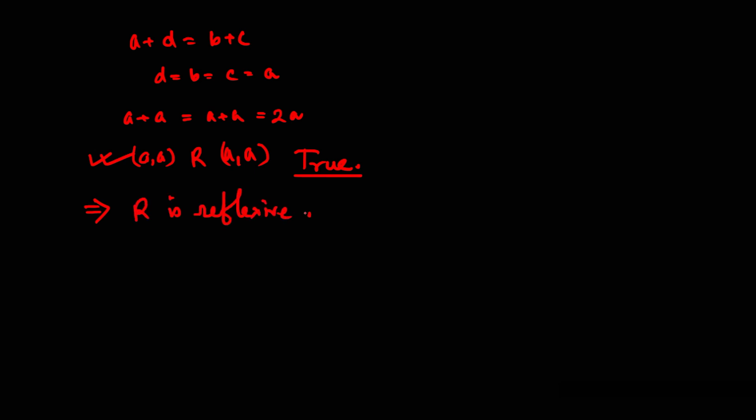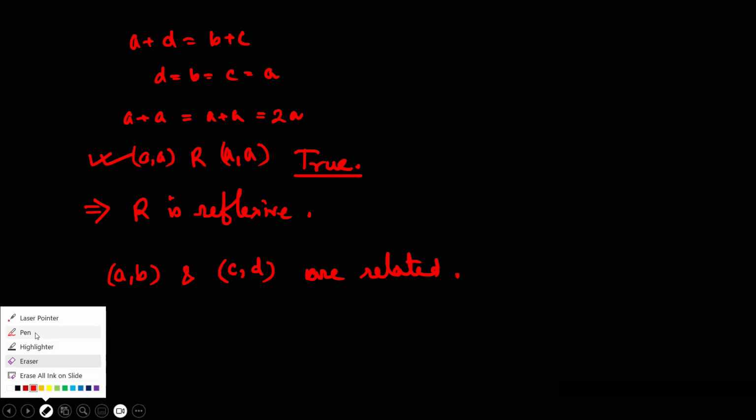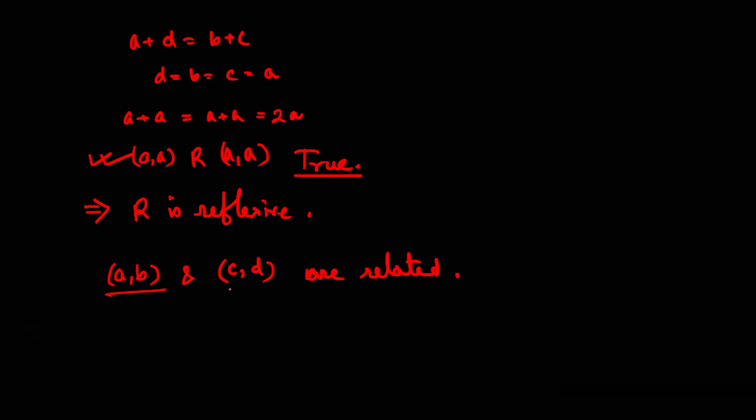Okay. Now symmetric. We are taking (a, b) and (c, d) that are related. So here we have one element (a, b) and a second element (c, d). They are related by the relation R. That implies that a plus d equals b plus c, and obviously this is equal to d plus a equals c plus b.